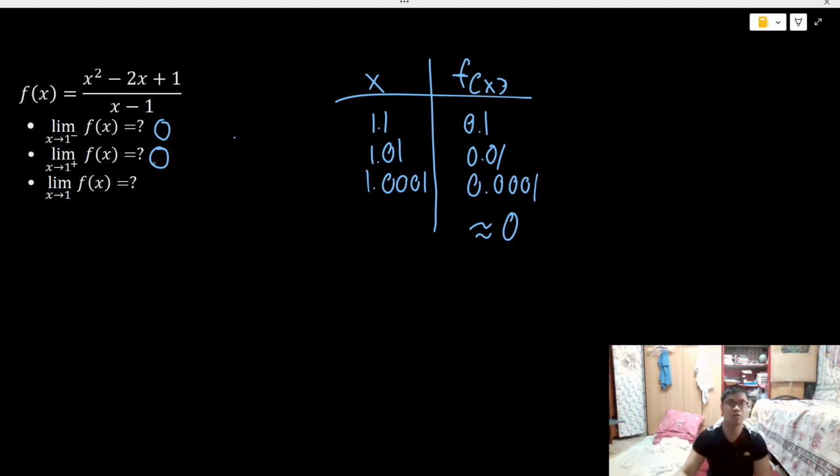Now, if you take a look closely, both of them approach the same value, right? It's 0. Therefore, your answer here is 0. That's it. So the limit of f of x as x approaches 1 is 0 because both sides approach 0.